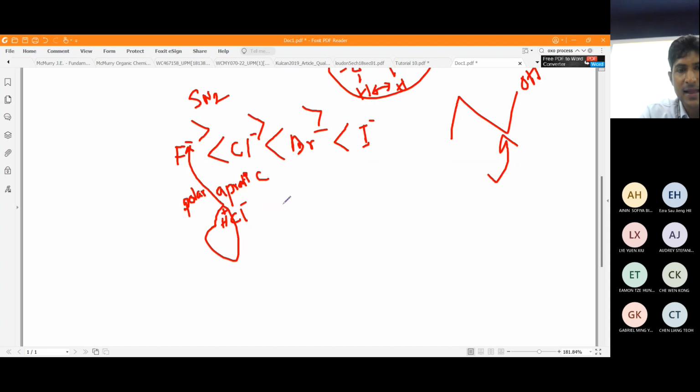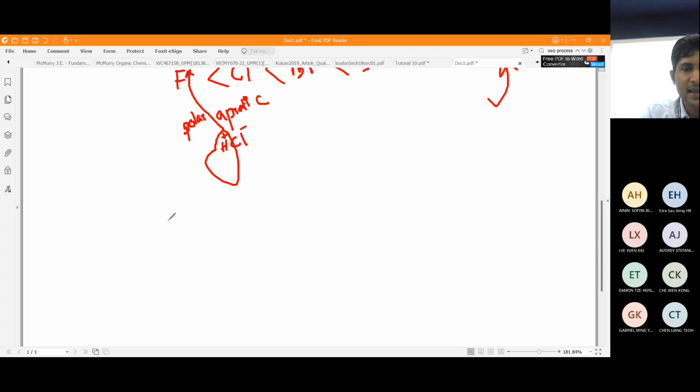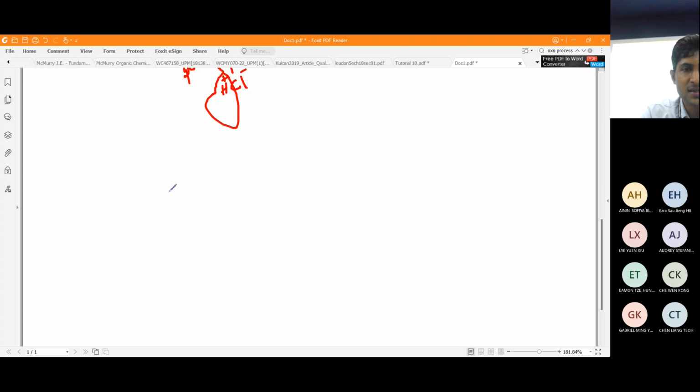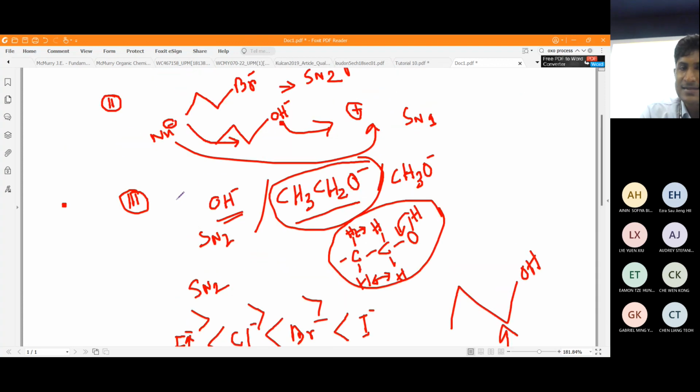Okay, so another thing is elimination reaction 1, elimination reaction 2. Same thing is happening. SN1 or SN2, but the conditions are the same. Only if the temperature is higher, elimination reaction is occurring. If the temperature is higher, elimination reaction 1 or elimination reaction 2 is occurring based on whether the reaction would go for SN2 or SN1.